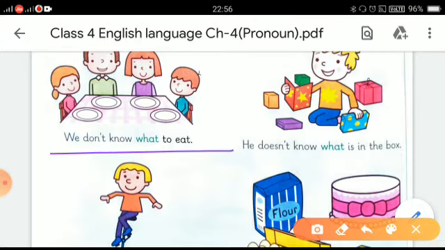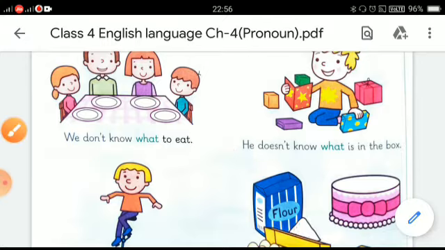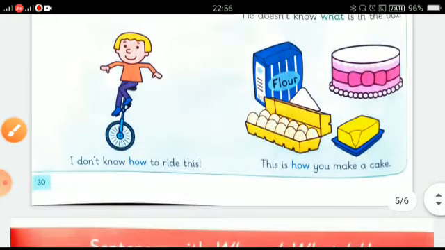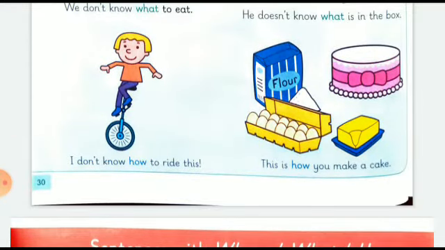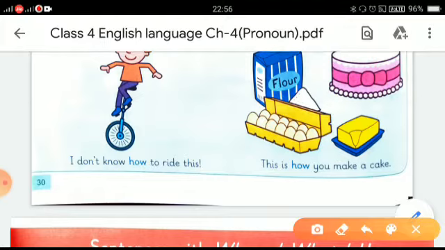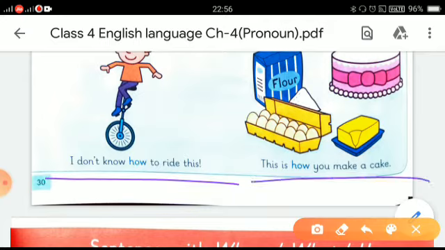Talking about anything. He doesn't know what is in the box. Again, when we talk about anything or any object. I don't know how to write this. This is how you make a cake. When we talk about the way in which we do something.